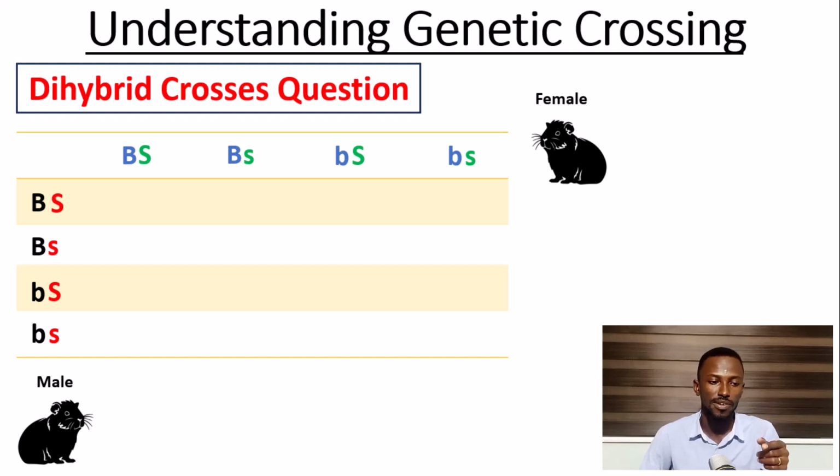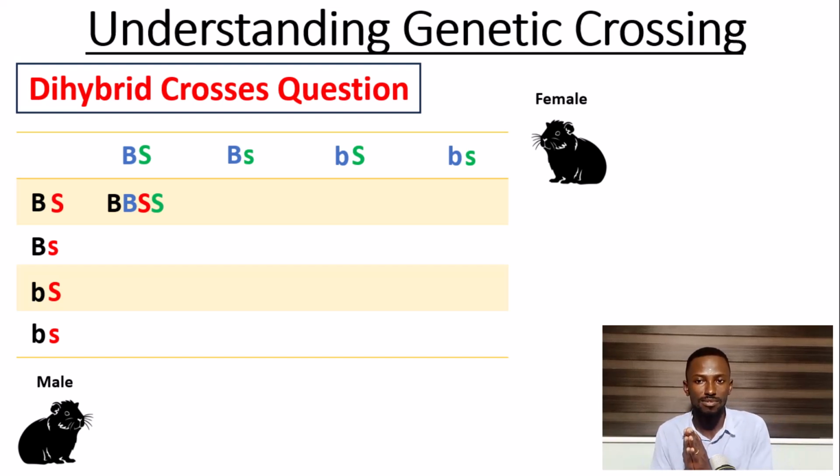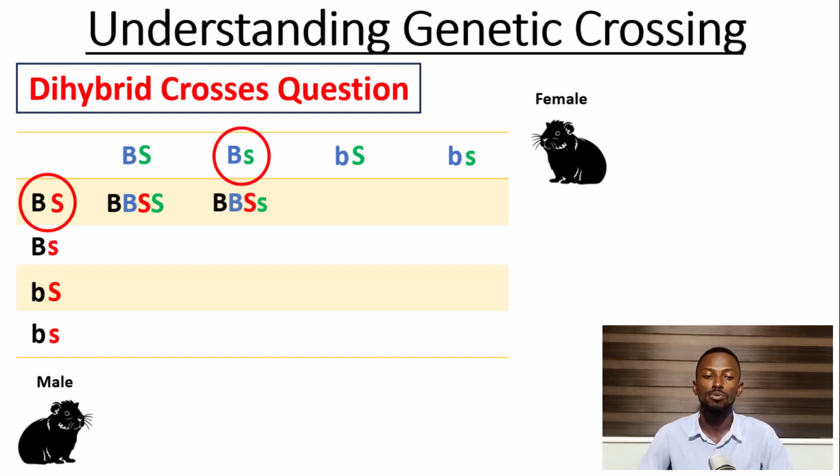So let's look at the first one. This is a possible combination. We can have capital B, capital S, meaning the male brought its gametes with dominant traits, and the female also brought dominant. Or the male brought dominant for both traits, and the female brought one dominant and one recessive.